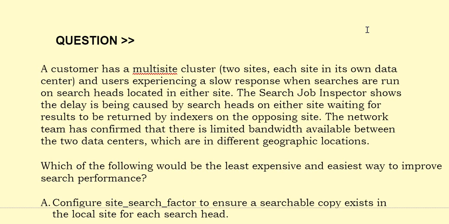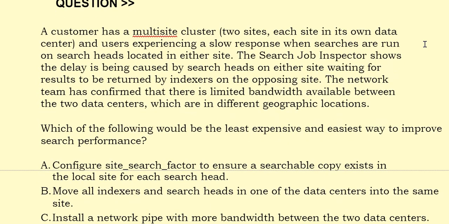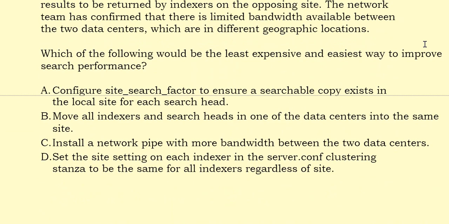The network team has confirmed that there is limited bandwidth available between the two data centers. Which of the following could be the least expensive and easiest way to improve search performance?